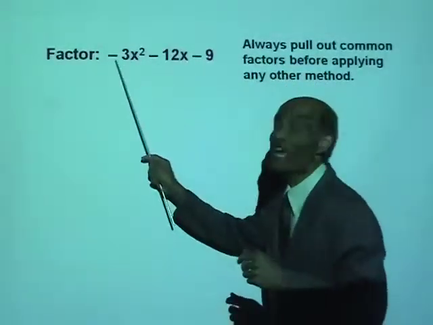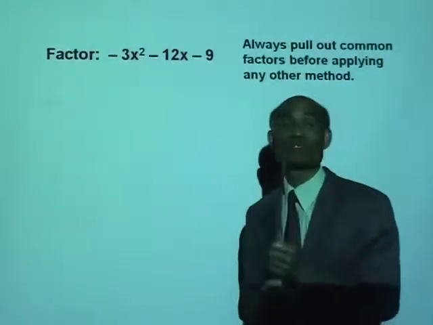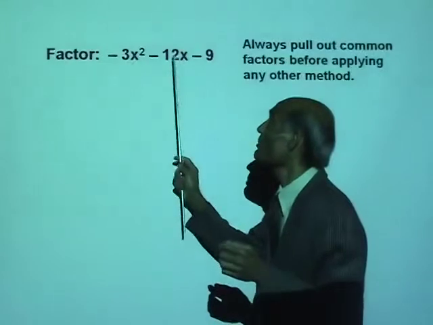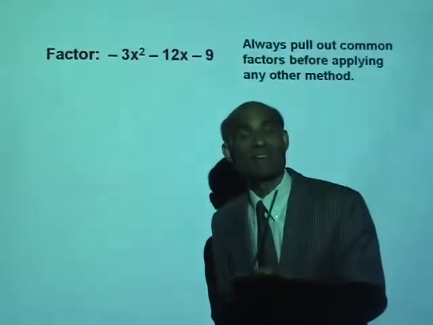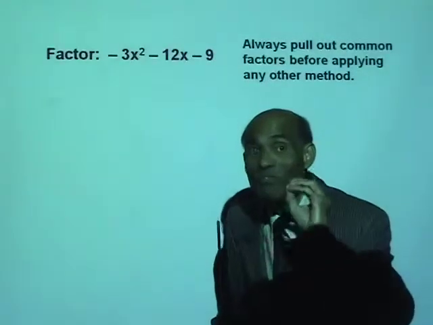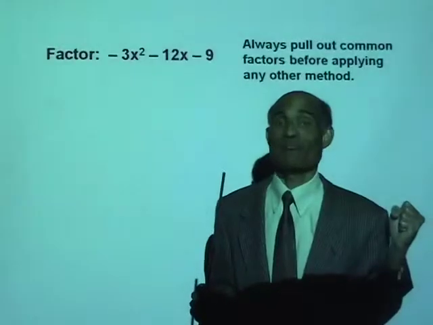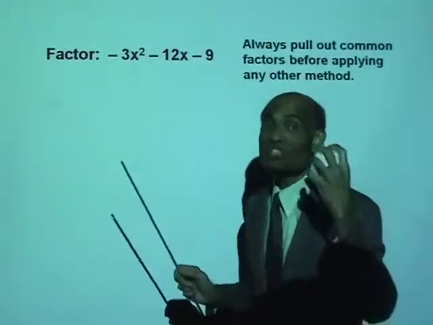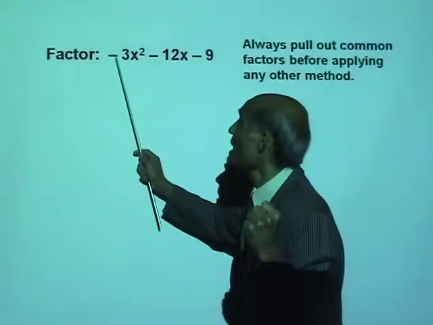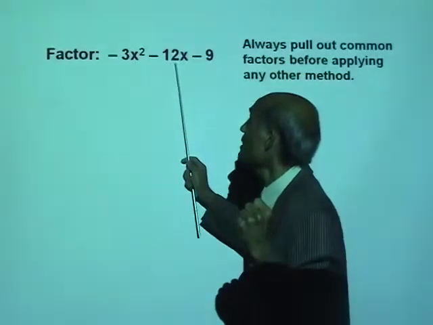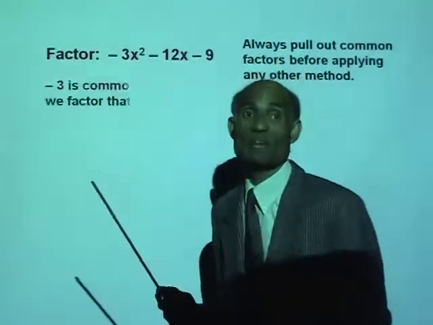Is there a number that is common to all these three terms? Negative 3x squared, negative 12x, minus 9. Can you find a common factor which can be pulled out? I can. That number is negative 3. I can pull out a negative 3 from here, a negative 3 from the middle term, and a negative 3 from the last term.